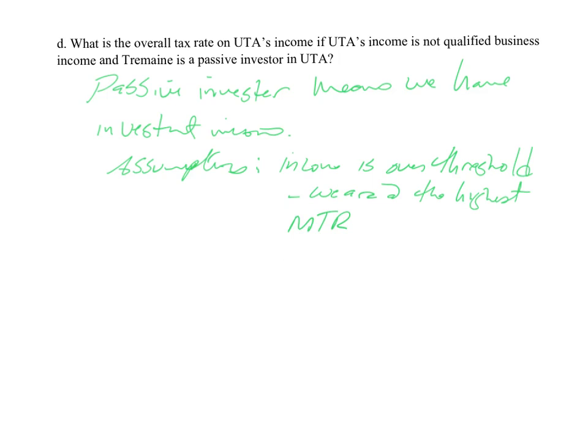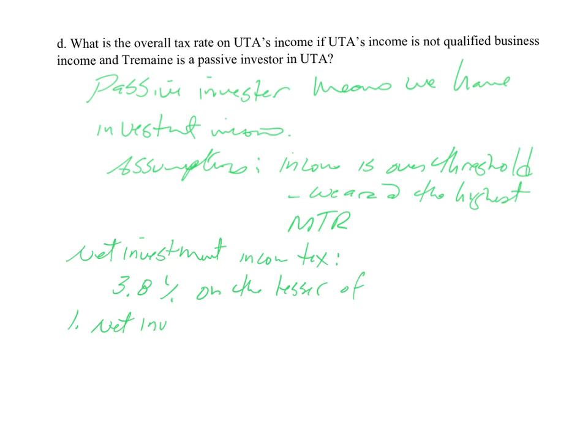Remember that net investment income tax, right, is 3.8% on the lesser of net investment income or AGI in excess of those thresholds.